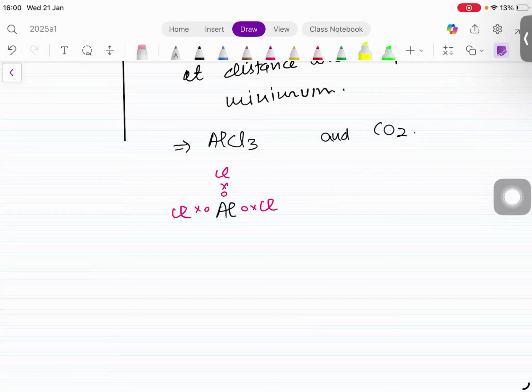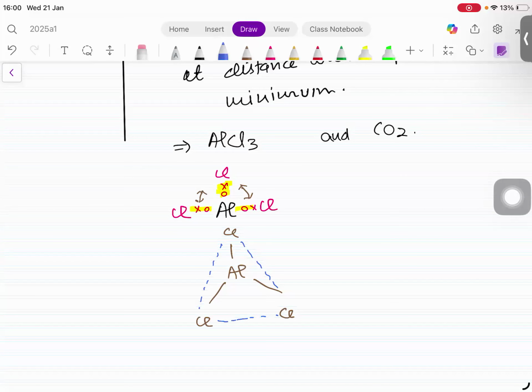So now I can identify there are three electron pairs around the atom, and all three are bond pairs. They repel each other and arrange themselves at a distance where the repulsion is minimum. And what is that place? Yes. So when the examiner asks you to draw, you have to draw like this. And then these dotted lines just make sure that you have drawn a trigonal planar shape with a bond angle of what?